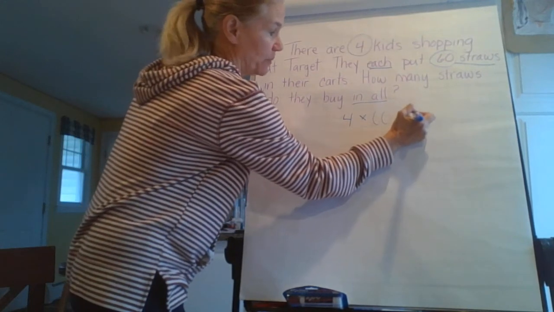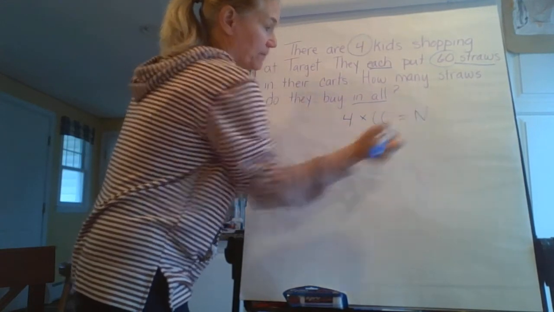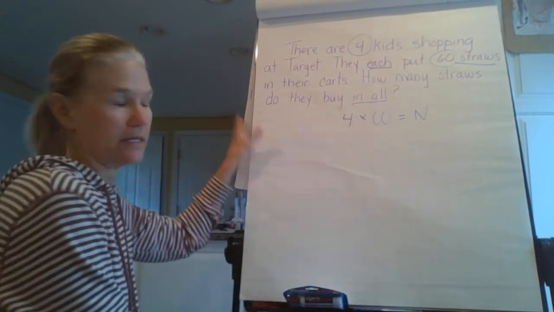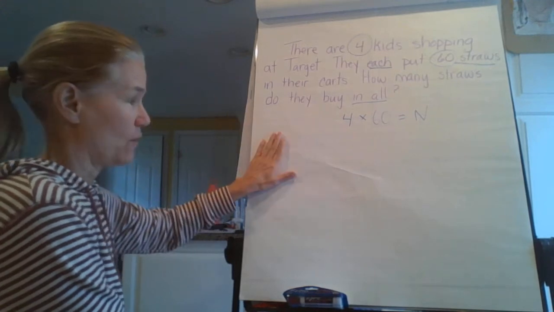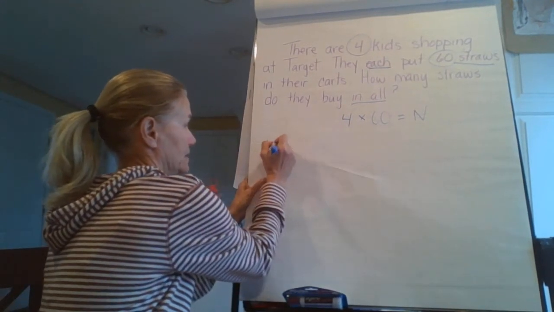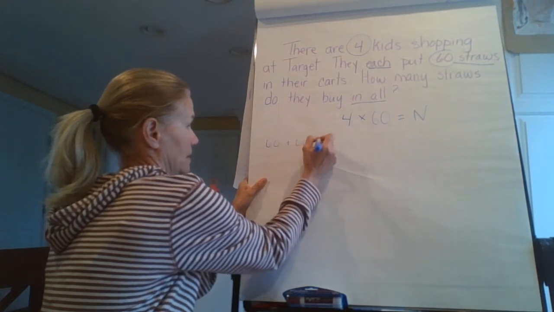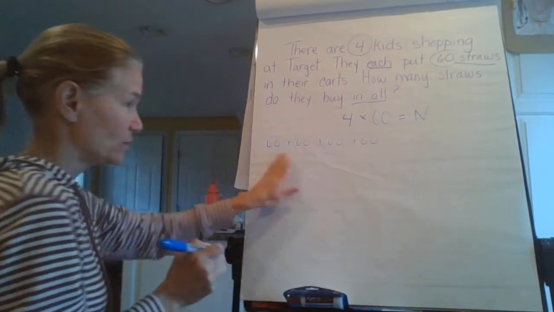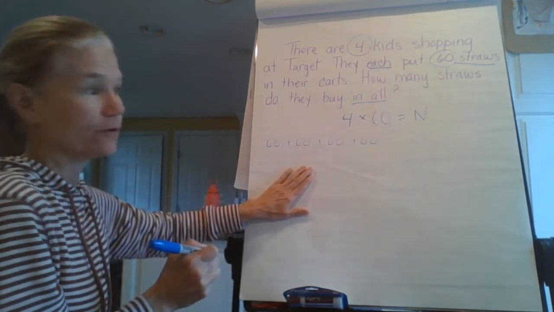We'll use a variable n this time. So now, I have 4 times 60. I can go back, I can solve it, 4 groups of 60. 60 plus 60 plus 60 plus 60. This repeated addition will get me my answer.